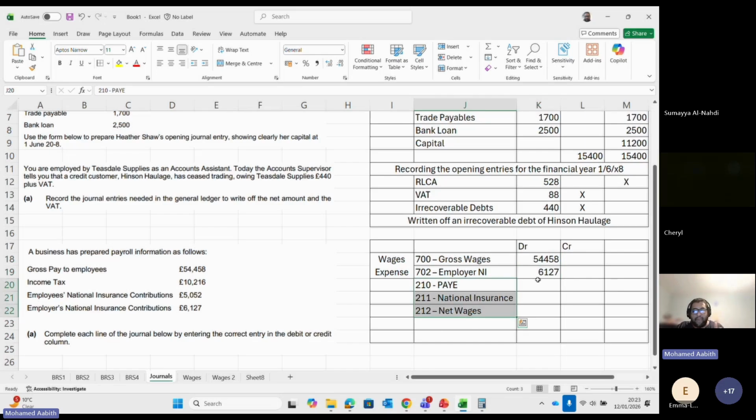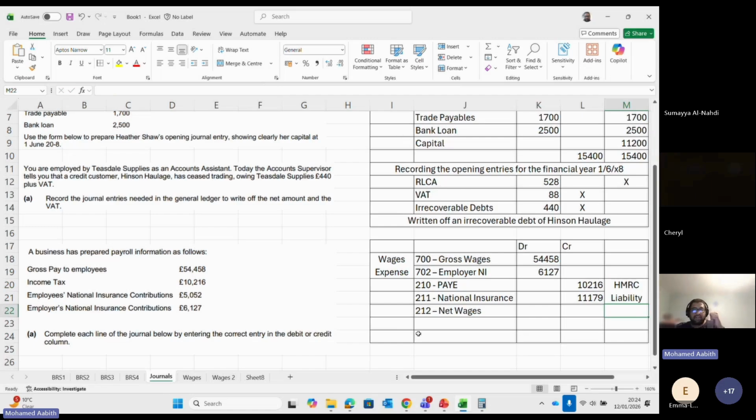Now, what is your pay, which is your liability to HMRC? This one is £10,016. And then what is the national insurance going to be? It is going to be 5,052 plus 6127. Can you notice these two will be your HMRC liability. These two will go to HMRC.